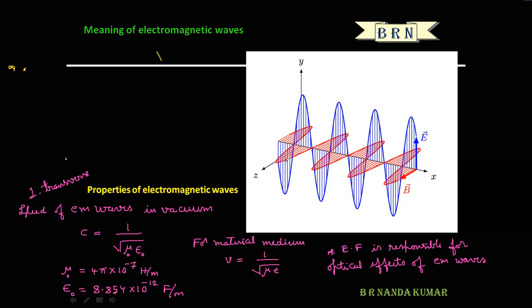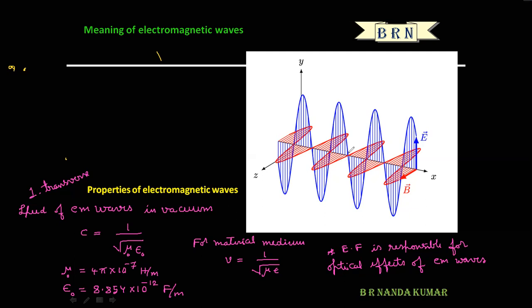The accelerated charged particle produces electromagnetic waves, which consist of time-varying electric and magnetic fields that are mutually perpendicular to each other and perpendicular to the direction of wave propagation.